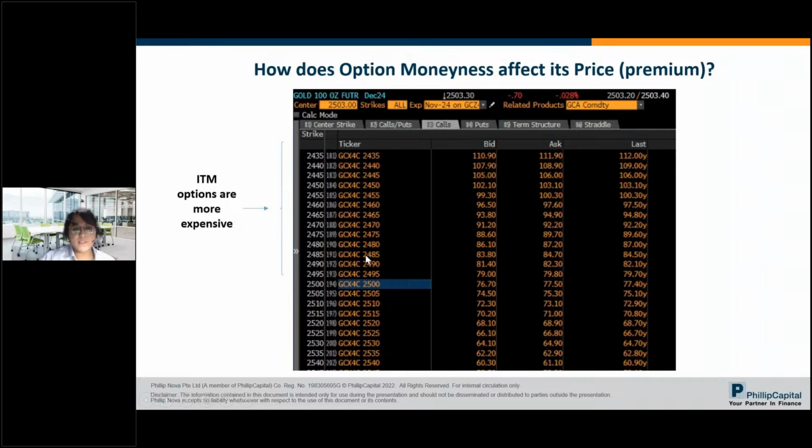So all these options, at least from 2,500 and above, are all in the money. So you can essentially exercise them and then receive a positive payoff. On the other hand, out of the money options are cheaper because there's no intrinsic value, and you may not be able to exercise them at a profit.